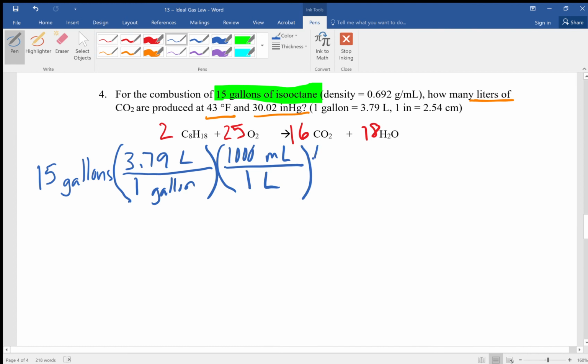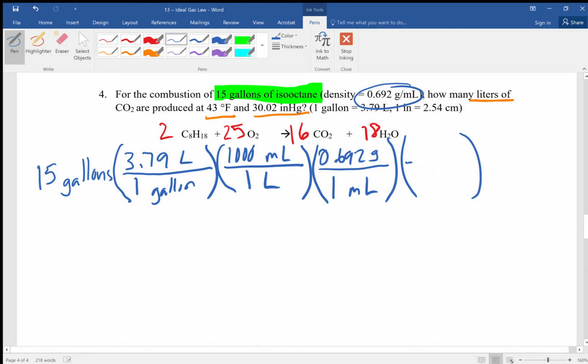Then, using the density, we can go from volume to mass of isooctane. And then finally, we're going to divide by the molar mass of isooctane to get moles.